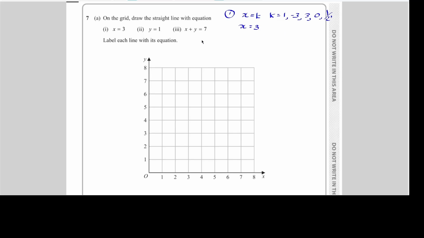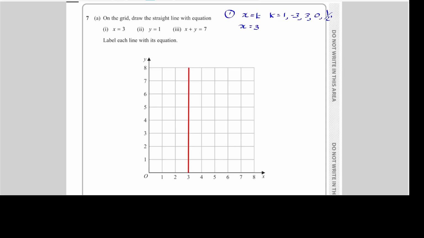Go to the x-axis, figure out where 3 lies. Here, 3 is here. After that, draw a line which is parallel to the y-axis. So this is x equals 3.